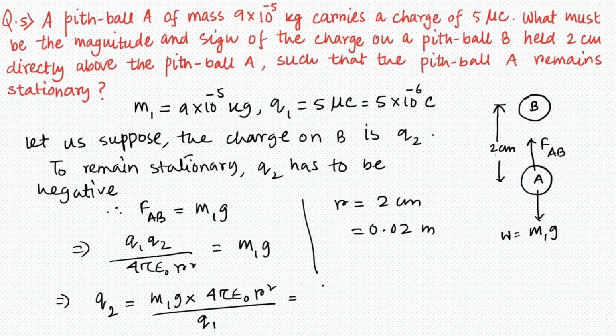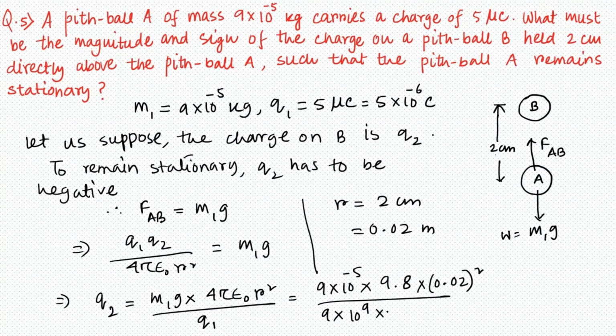Okay, now m1 is 9 into 10 to the power minus 5, g is 9.8, and 1 by 4 pi epsilon naught is 9 into 10 to the power 9, which would go here. r square is 0.02 meter squared, and q1 is 5 into 10 to the power minus 6.